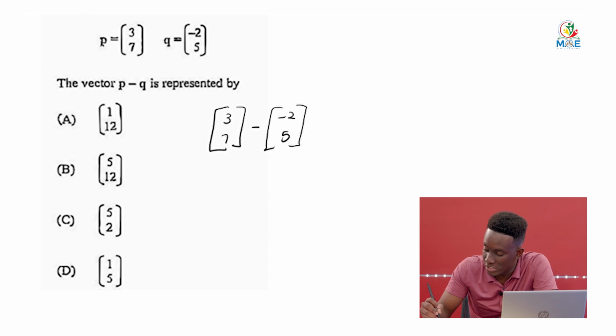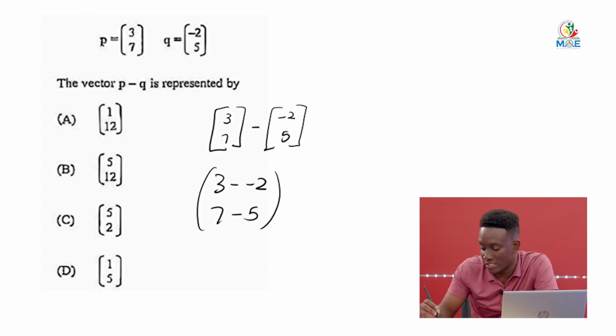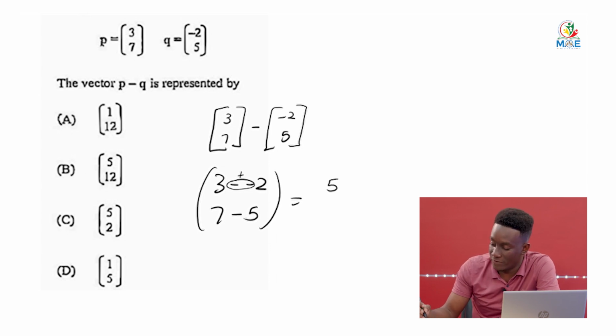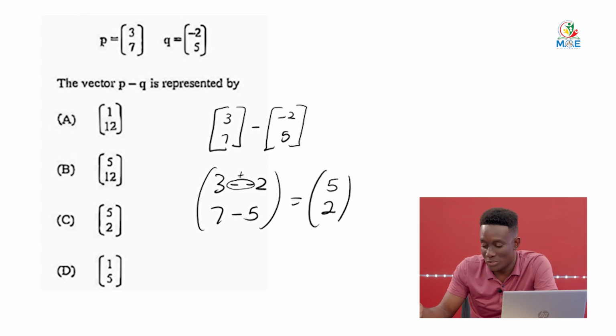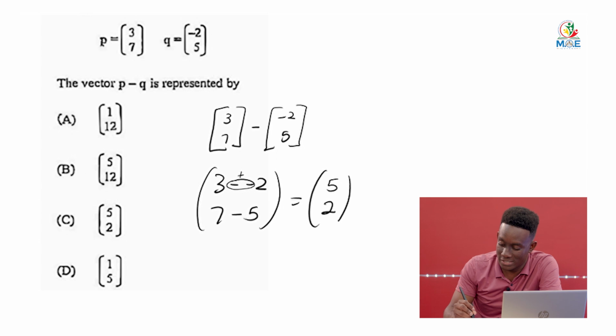So we'll have 3 subtract negative 2, and 7 subtract 5. These two negatives will cancel out and become a plus. So 3 plus 2 would be 5, and 7 minus 5 would be 2. So when we subtract Q from P, we'll end up with 5, 2, which is C.